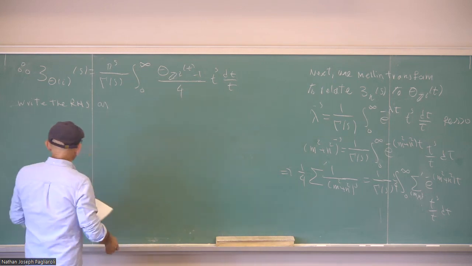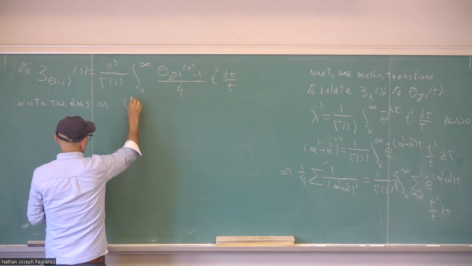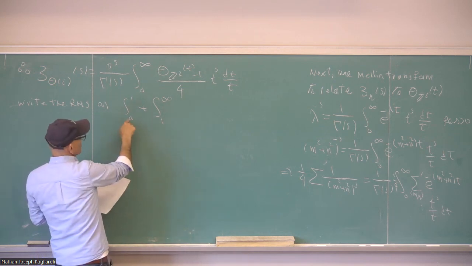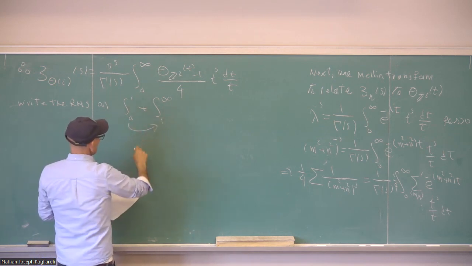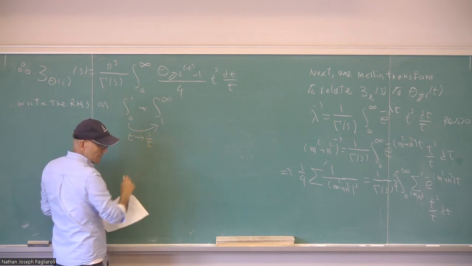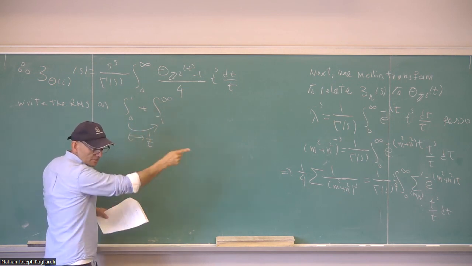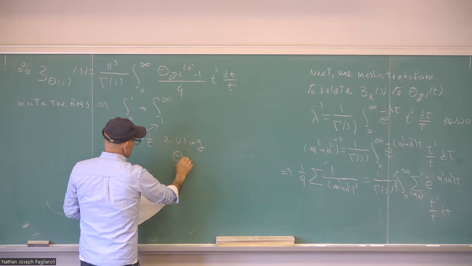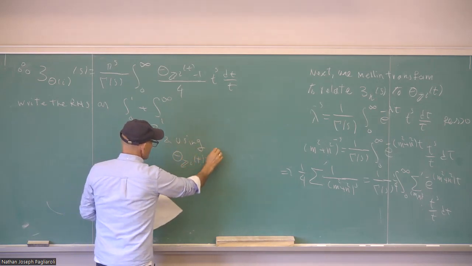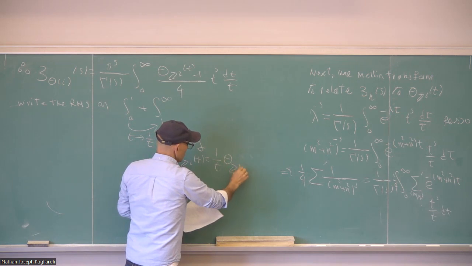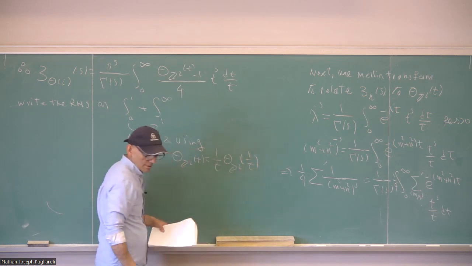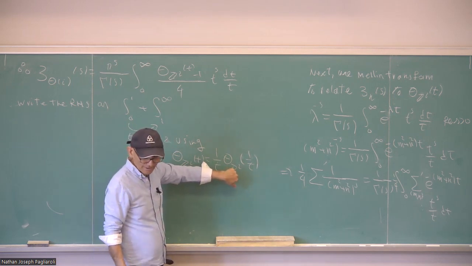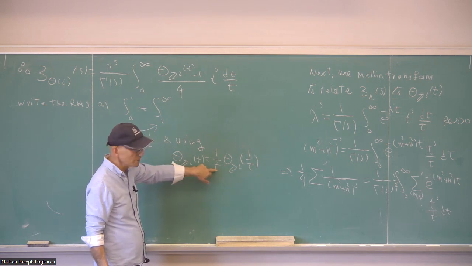Write it as integral from 0 to 1 plus 1 to infinity. And this integral, you change into this by a change of variable t to 1 over t and using the theta transformation, theta z squared of t equal to 1 over t times theta z squared of 1 over t. If you do that, you get this term on the right-hand side, but you change it again to theta z2 by using this.